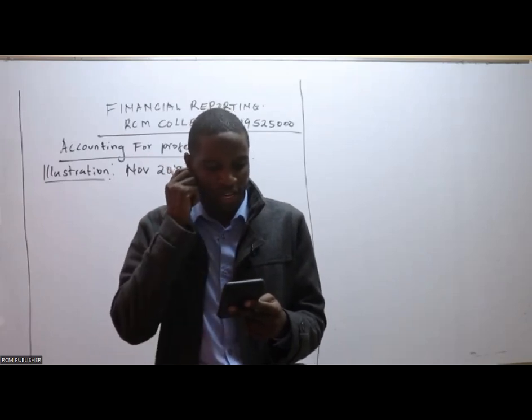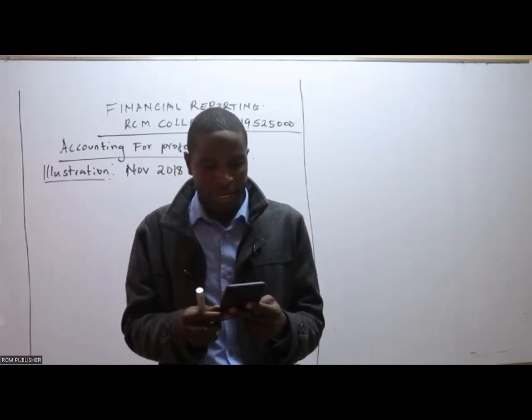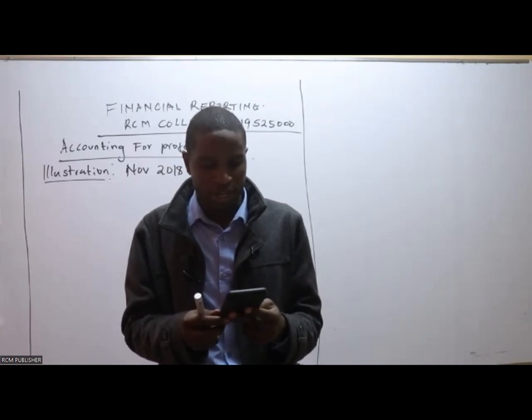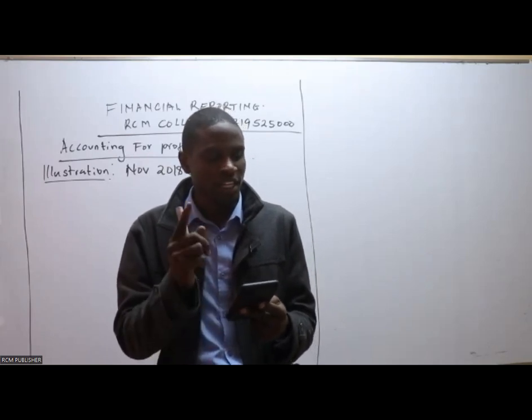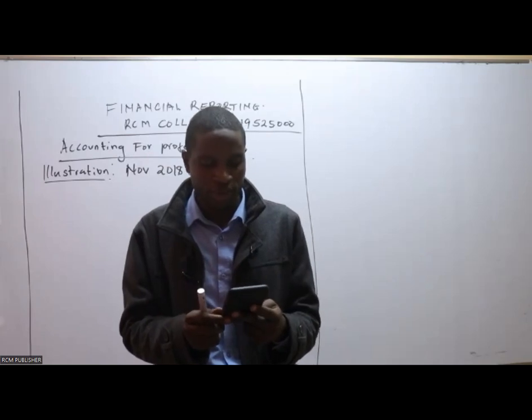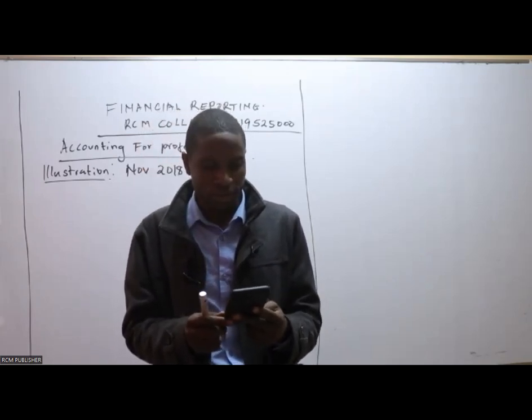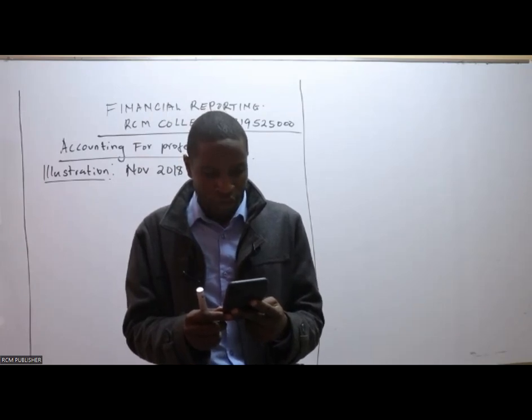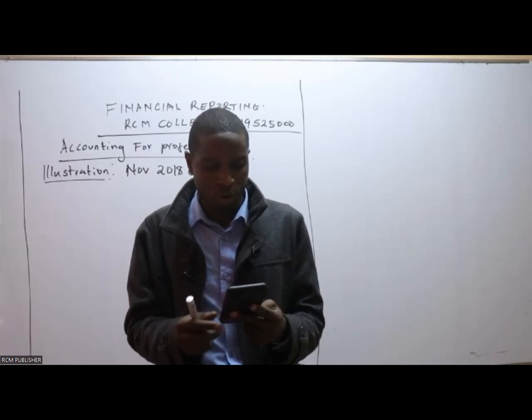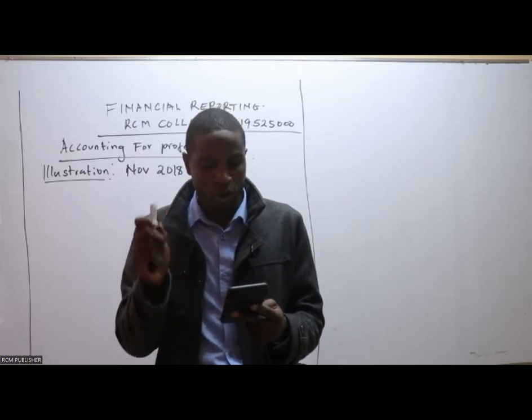Then we have client money held on behalf of clients. That explanation is important as far as preparation of these accounts is concerned. Then we have accounts payable, accounts receivable, general office expense, cash at bank, client's account, and office.